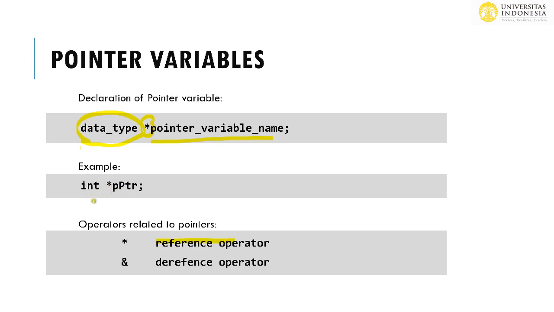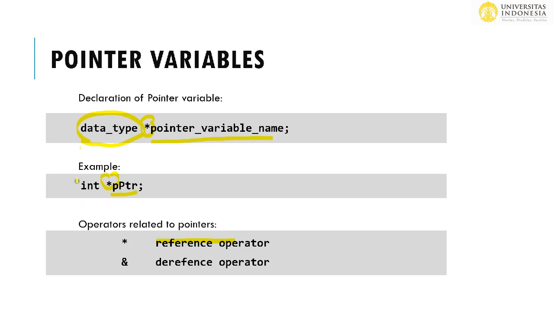So if you want to, for example, define PPTR as a pointer, then you should put the indirection operator before the pointer name.